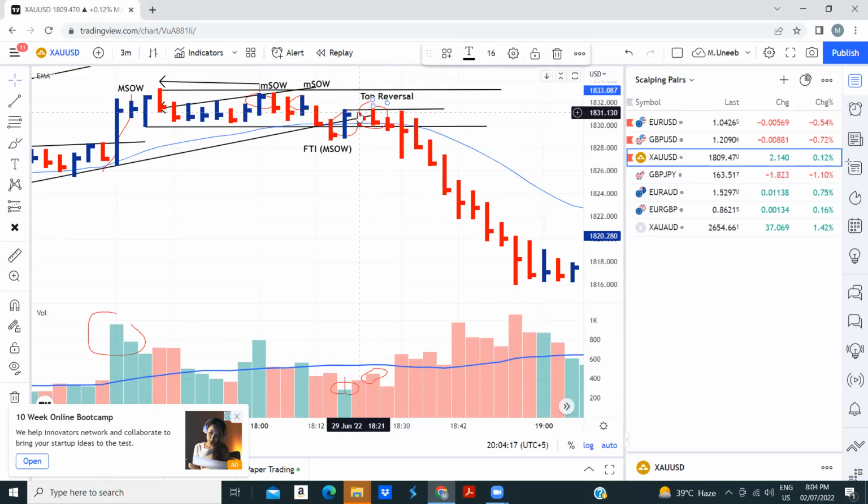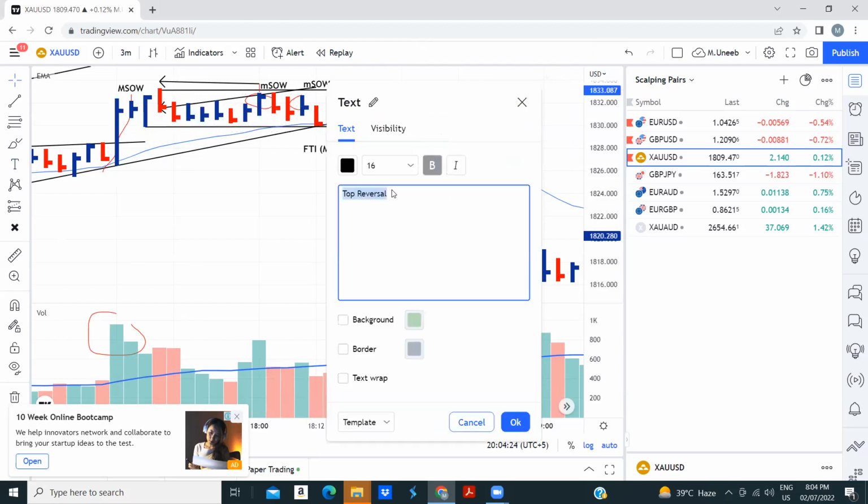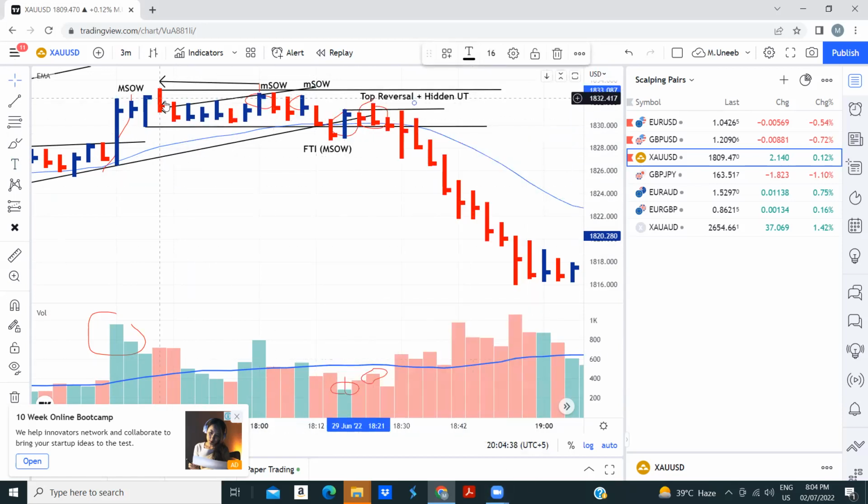Because it breaches, it goes above the last bar high and comes and closes down below. And it is also a hidden upthrust. Why is it hidden upthrust? Because it is forming within the trading range, distribution range, right? So you can take your position confidently.